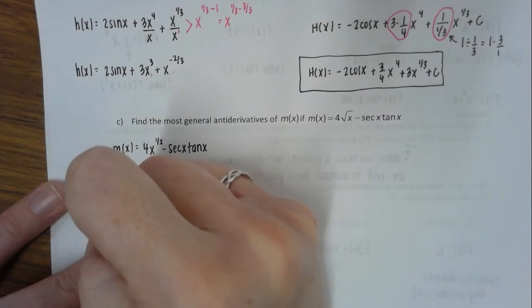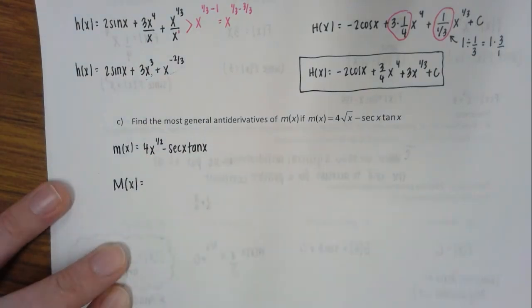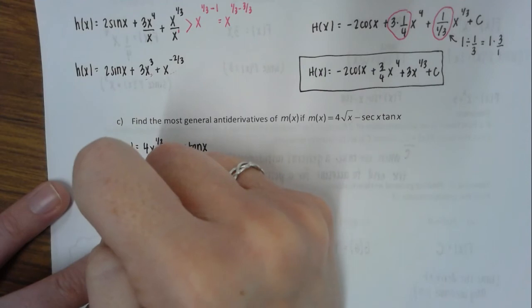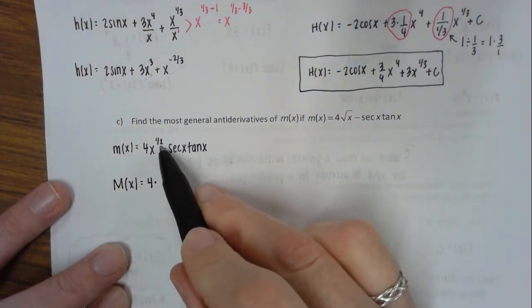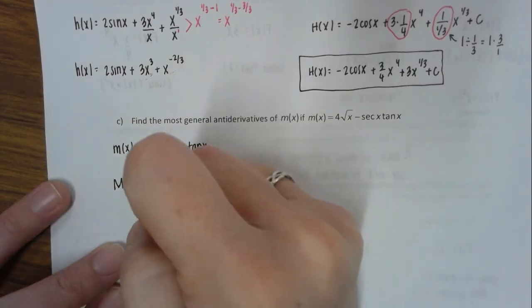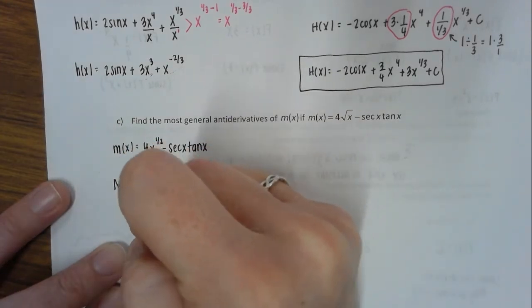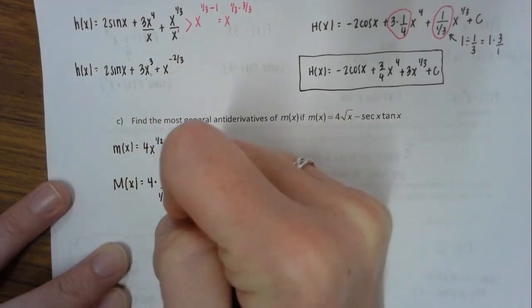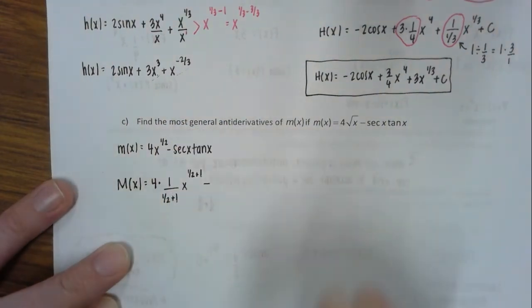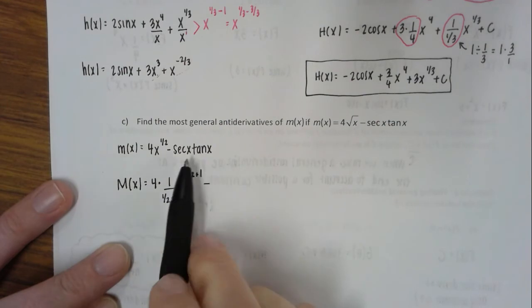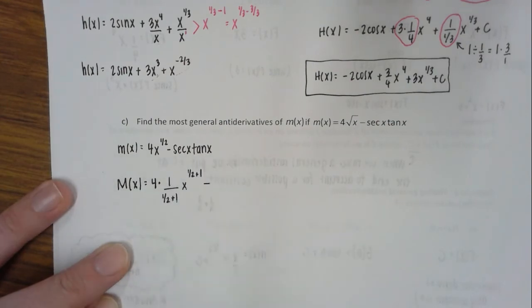And now I want to do my antiderivative work, so I'm going to call that big M of x. So again, I'm going to bring over the 4 times, and then I want to do my power rule on this x to the 1/2. So 1 over 1/2 plus 1, x to the 1/2 plus 1. And then I want to subtract from that the antiderivative of secant tan.